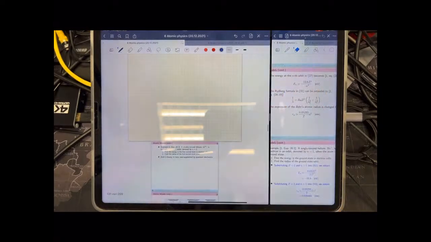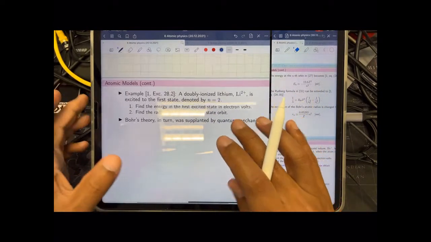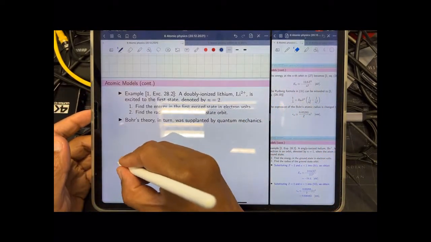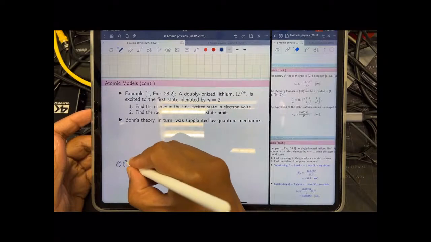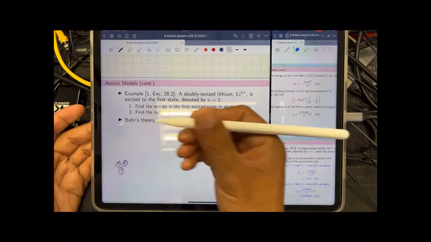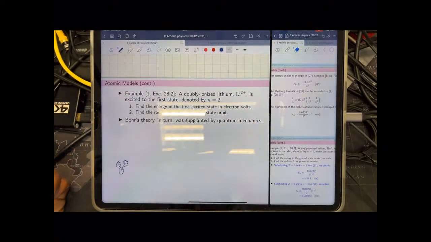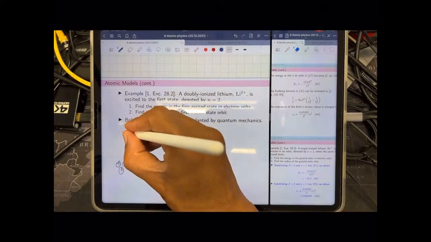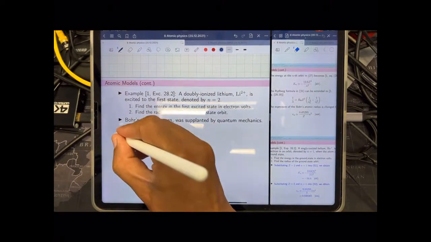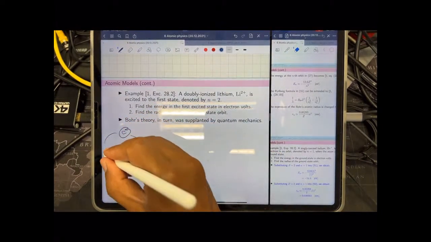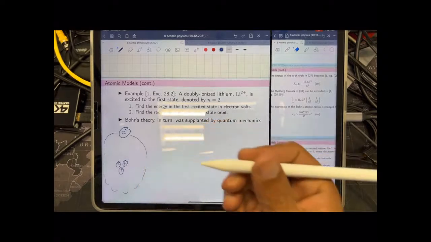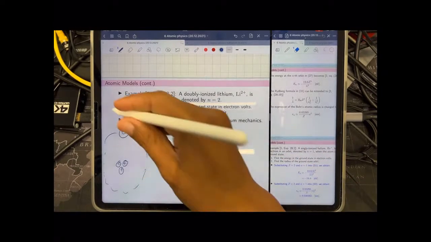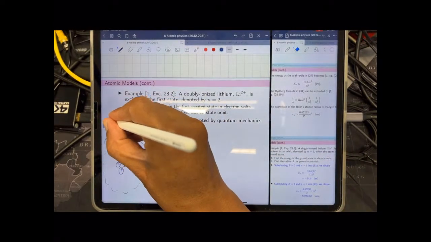So you have here a proton, and here another proton, and that's the nucleus of lithium. And you have only a single electron around the nucleus of lithium, and this is the lithium 2+.